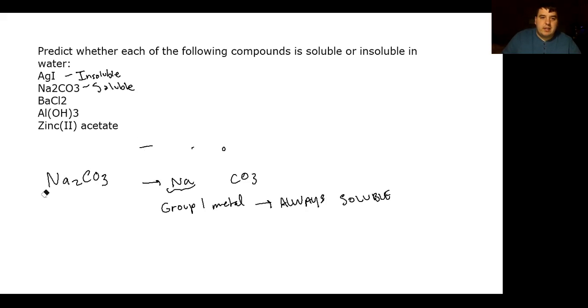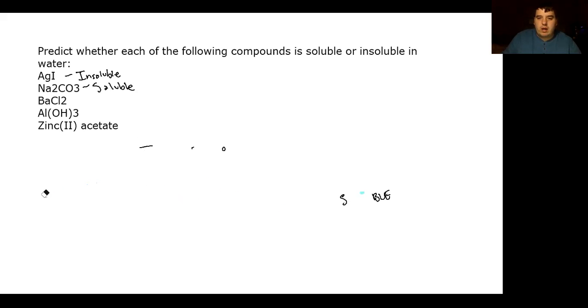Okay, moving on to the next one, we have barium chloride. Now, we're dealing with barium as a metal, and then we've got our chloride here. And when we look at this, we've got chlorine, which is a halogen.